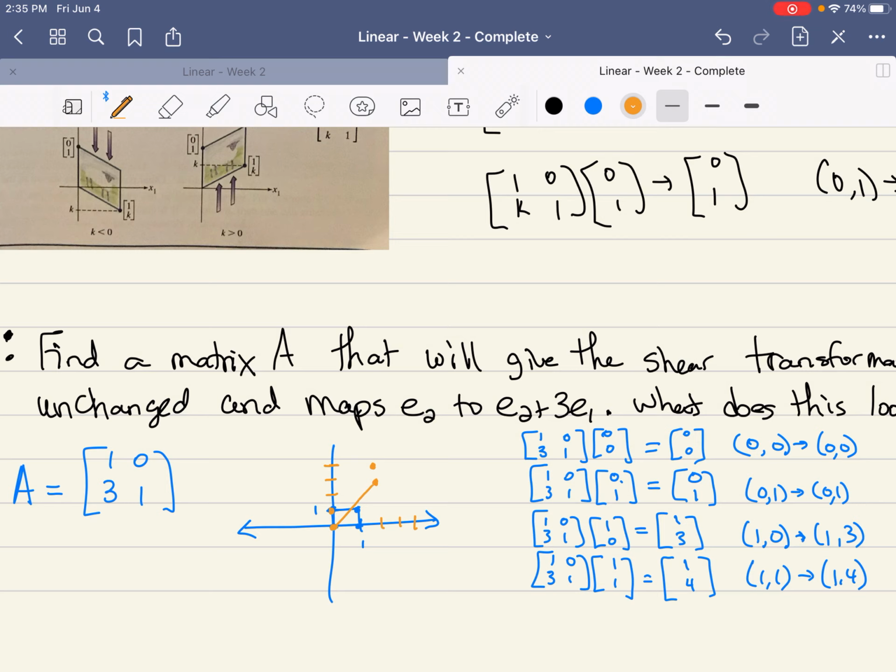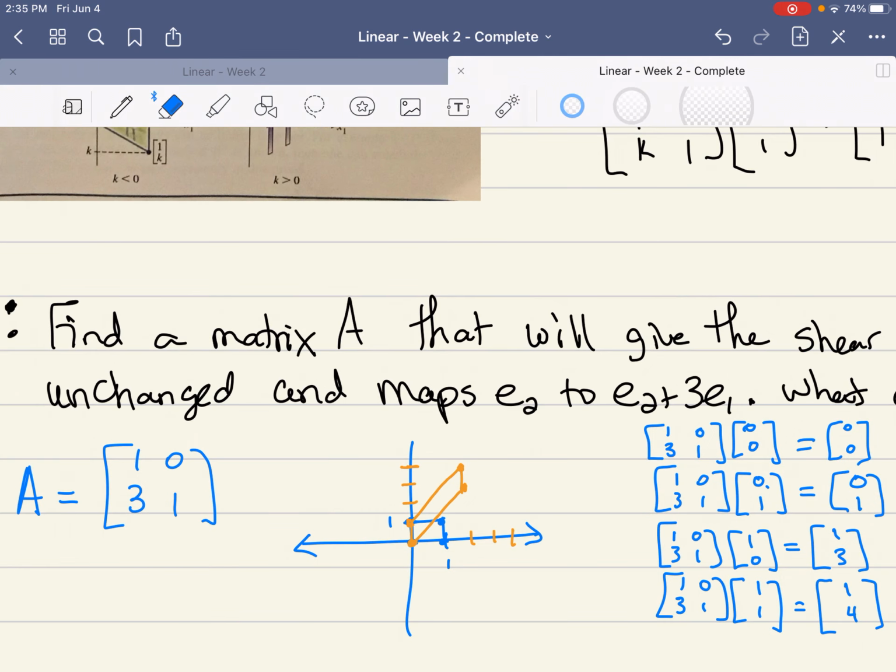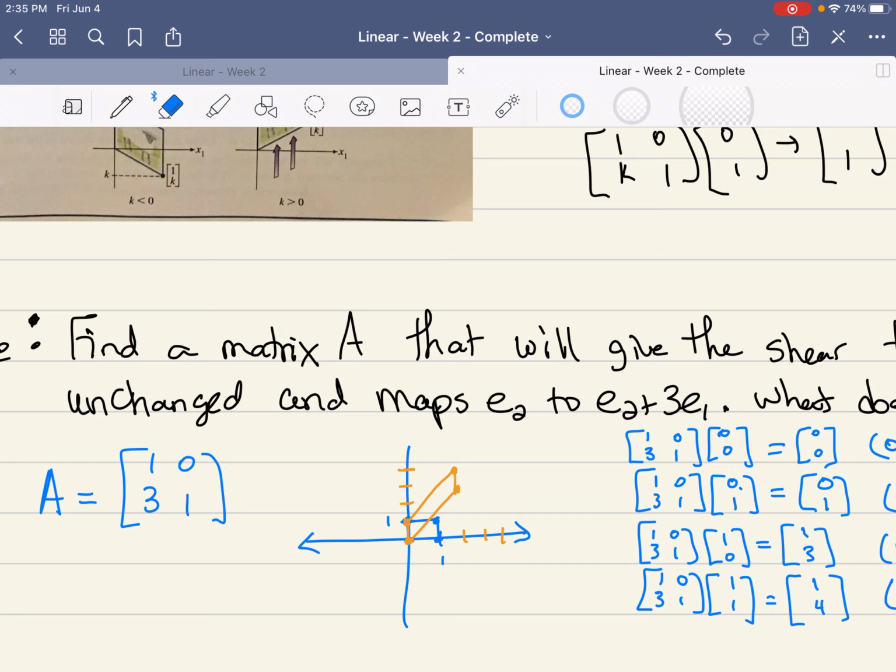So my shear is going to look like this. That one side down here is in common, but this side, except I can't draw. Be great if I could draw. I went out to 2 instead of 1.